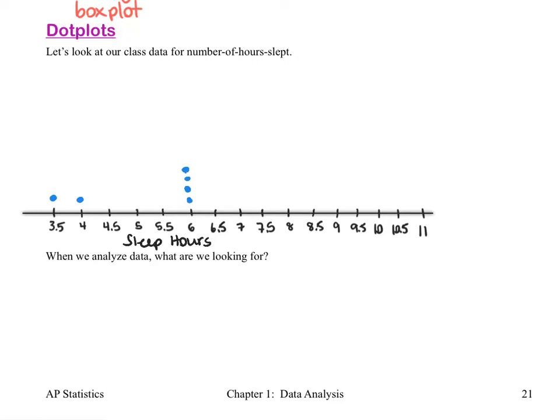So we end up having 1, 2, 3, 4, 5, 6 at 6.5. And then for 7 hours, I'm going to count the 6.75 as a 7. That person did not answer the way that they were supposed to. So we're going to have 3, 4, 5, 6, 7, 8 for 7 hours.